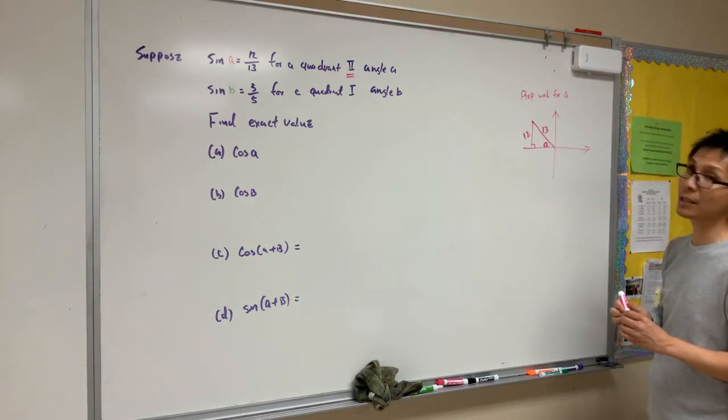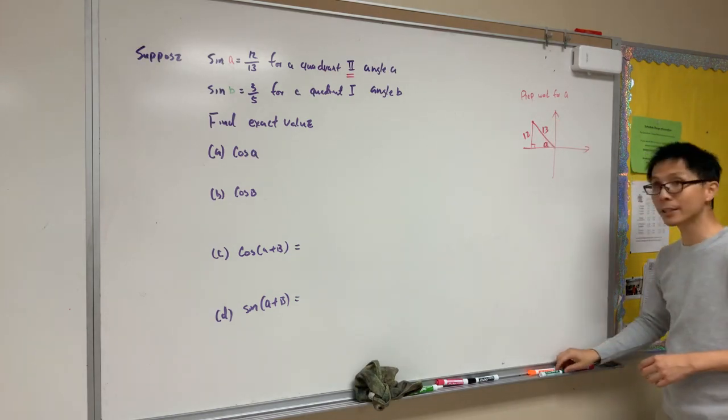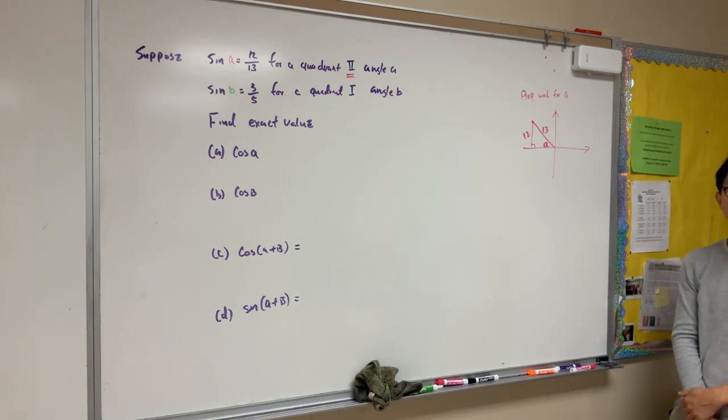Okay, so we're missing one side, right? So here's the thing. Can you guys tell me what that side is? Oh, you want us to find it? Yeah, can you find it?